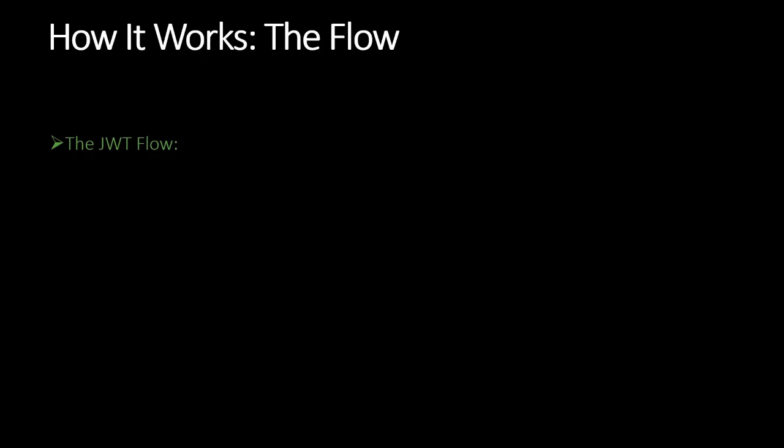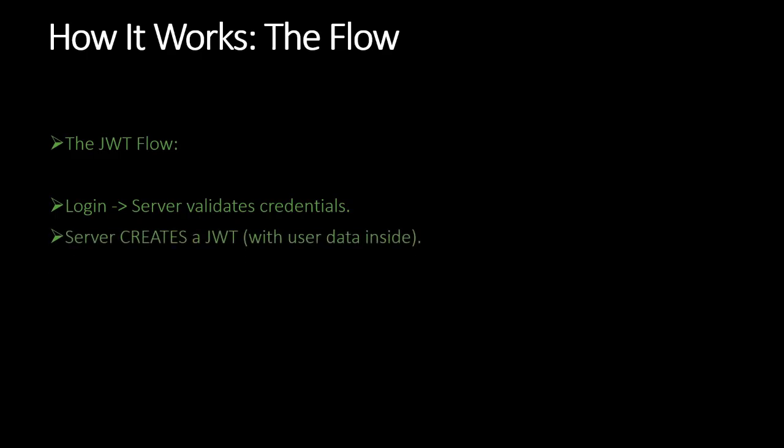So the complete workflow looks like this. You log in to the application, the server checks your password, and if it is good, it creates a JSON Web Token with your user ID inside. It sends that to your browser or your phone.